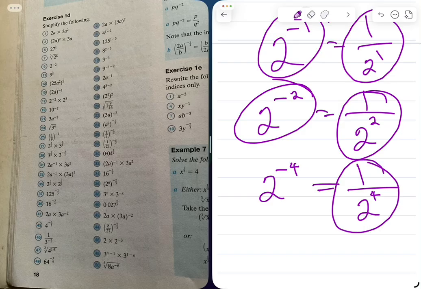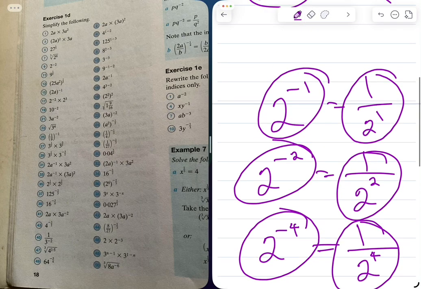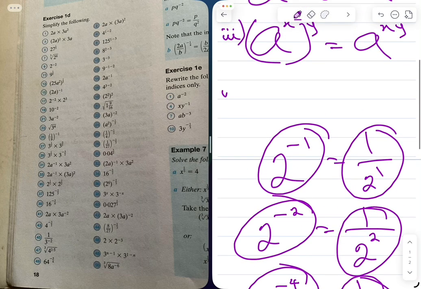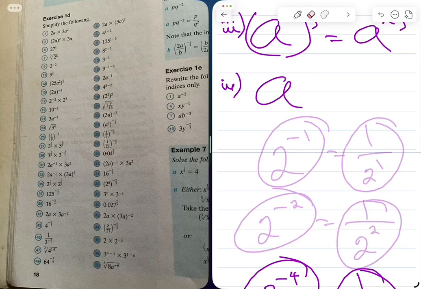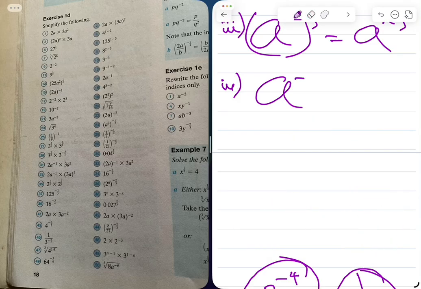And 1 over 2 raised to power 4 is the same as 2 raised to power minus 4. So that simply means, let's call that the fourth one: a raised to power minus x is the same as 1 over a raised to power x.